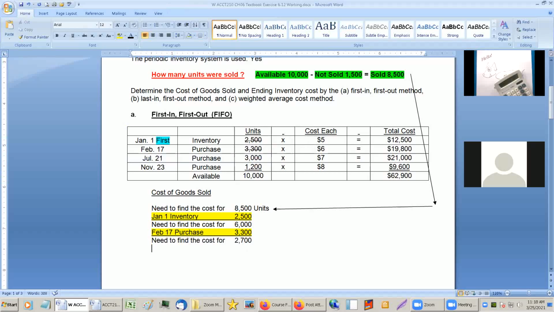So this will look like, let's see, July 21st. And we're only going to take the amount we need, which is 2,700.